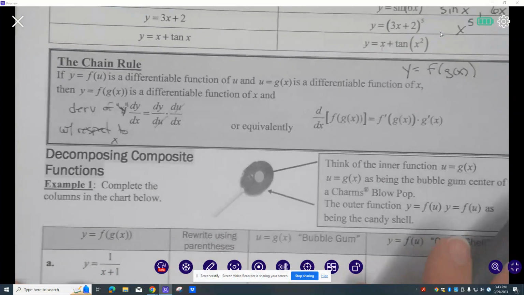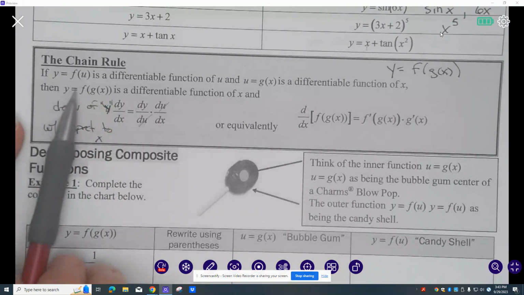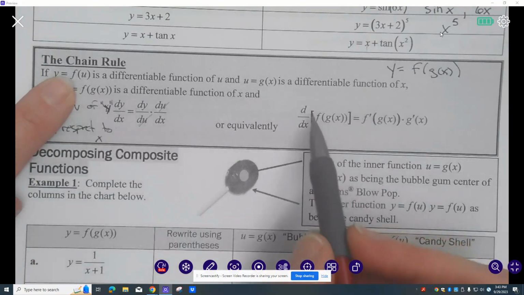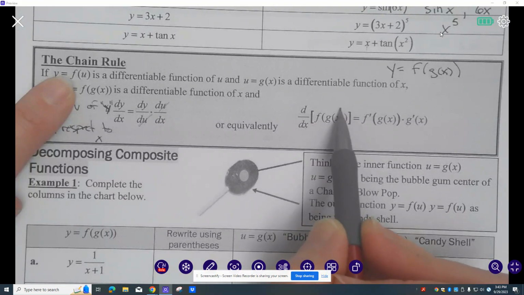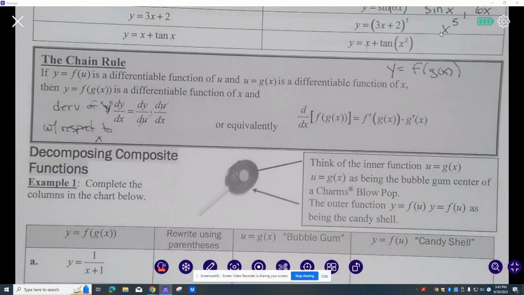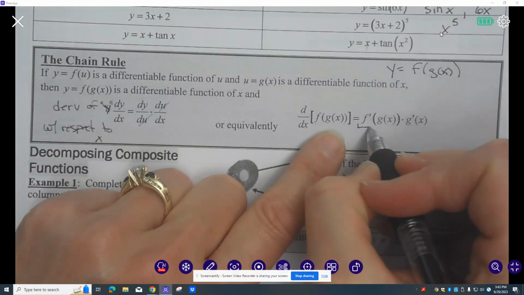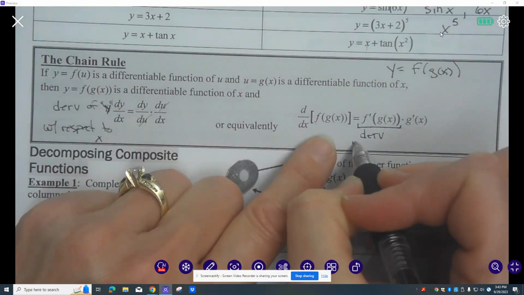Here's another way to look at it. Here's my composition. Now they're leaving out the y, and they're just saying this is my composition. This means I'm taking the derivative with respect to x of this composition. Now this is equal to f prime, so right under here, this is the derivative of the outside.